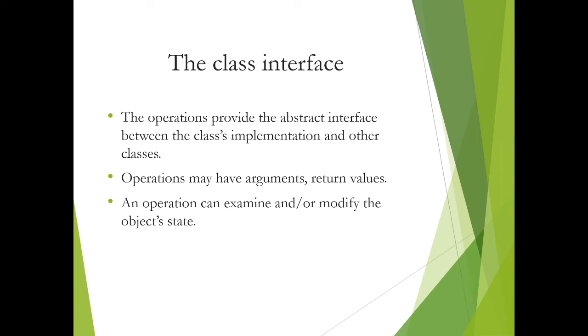The class interface provides the abstract interface between classes, and also the implementation of how it actually works in relationship to other classes. These operations can take arguments and return values. An operation can also examine the state of the object, which just returns the state of the object, for example a string or a number such as 5, or it can modify the state of an object.